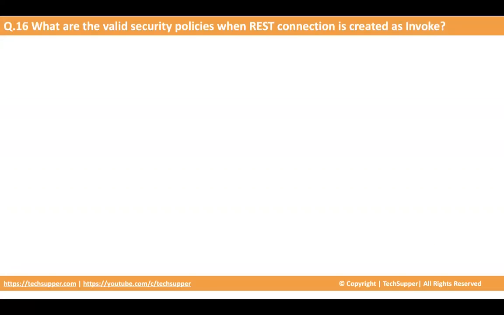The next question: what are the valid security policies when a REST connection is created as invoke? Earlier, the question was on trigger. Now the question is on invoke. If you don't know the answer, you can create a REST connection with role invoke and see what valid options are available under the security policies.